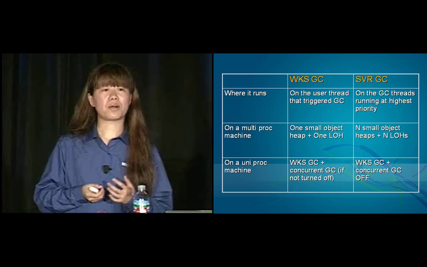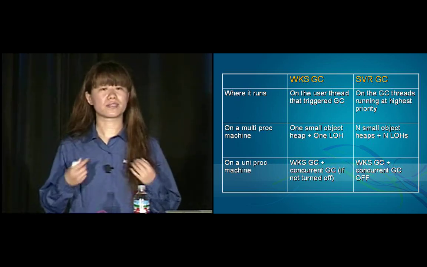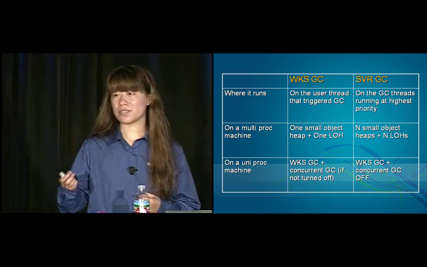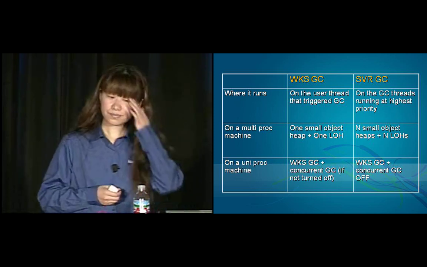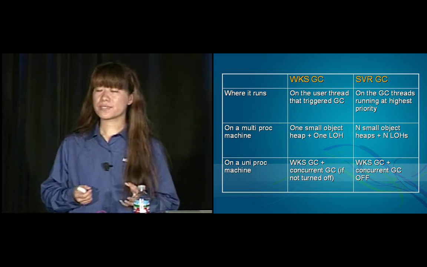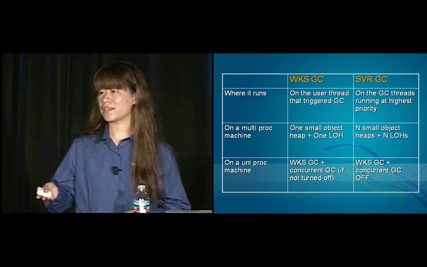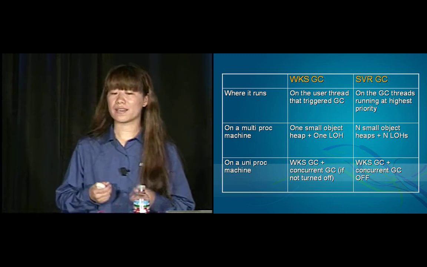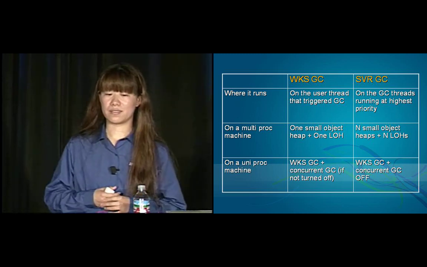So if this is a problem for you, you could consider using workstation GC with concurrent GC turned off. That's my recommendation to our internal teams that have had this problem. And for workstation GC, because it doesn't need to switch to different threads to do a GC, you save those context switches. And that could save you certain amounts in application perf.